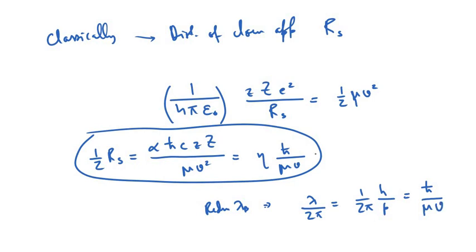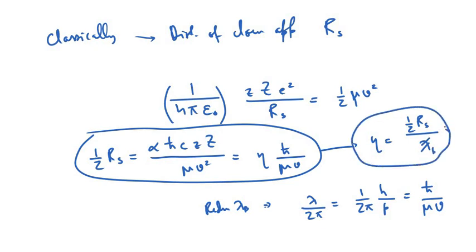So see, this eta is basically half Rs by the reduced de Broglie wavelength. Now, what does the value of this eta mean?